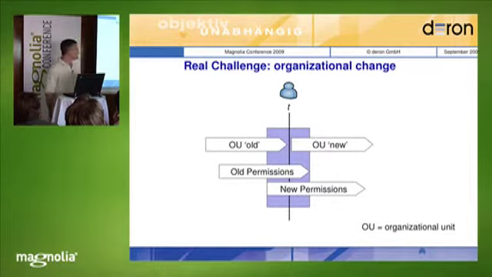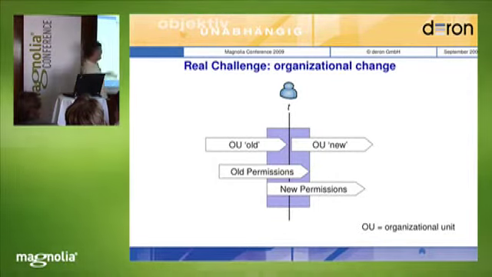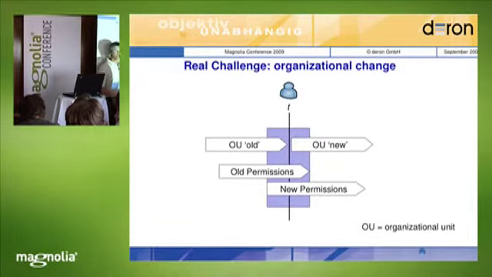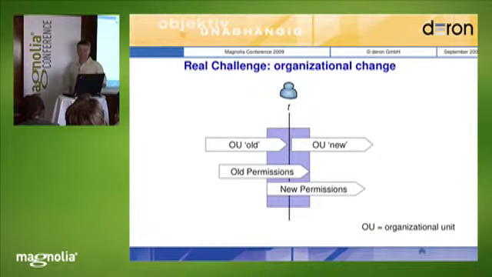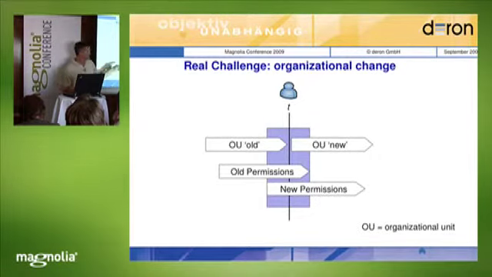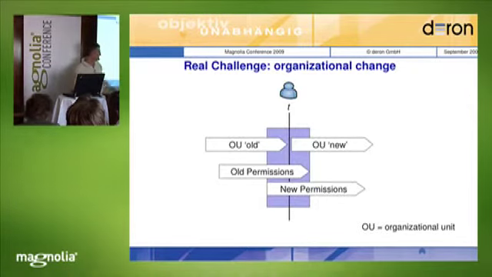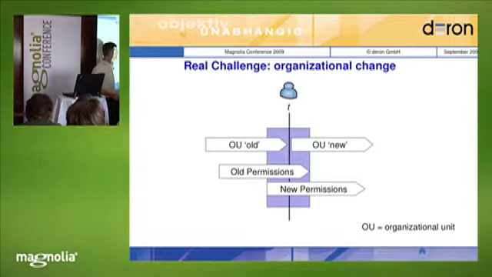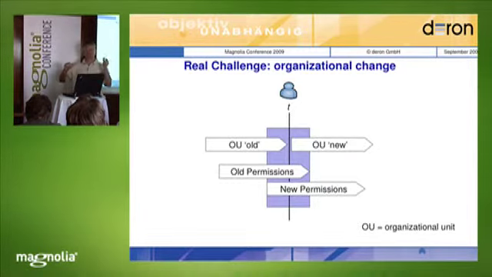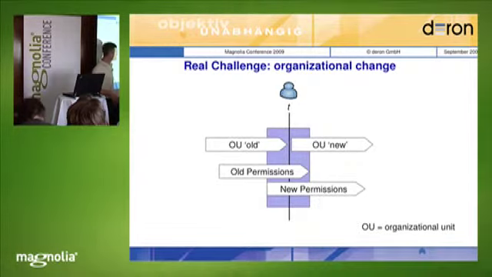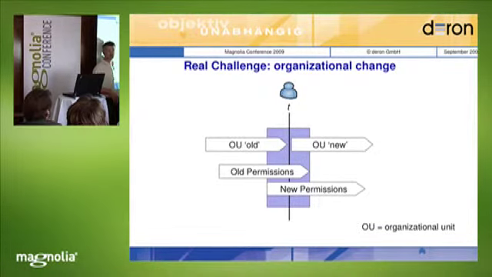But the reality is that if you change internally in the company, you need for a certain time your old permissions, because you are an expert and you do not have somebody who takes over your tasks immediately. And after you have to go to the new organizational unit, you need the new permissions. So what you have to do, you have to deal with some kind of overlap.